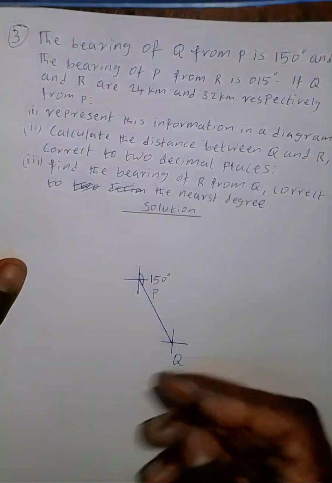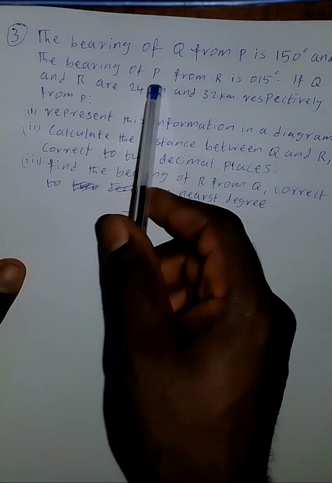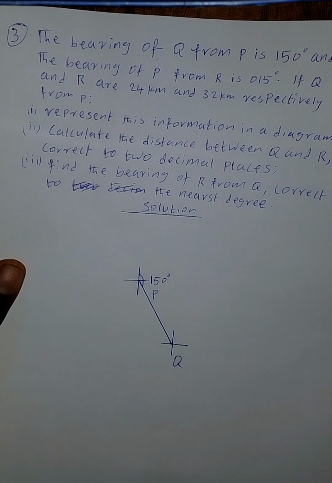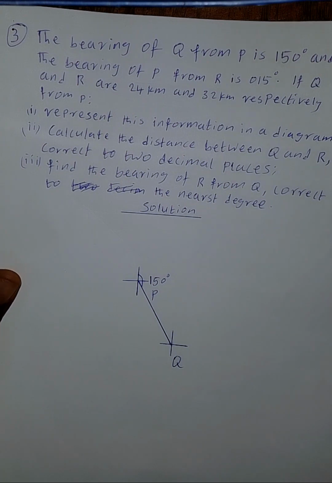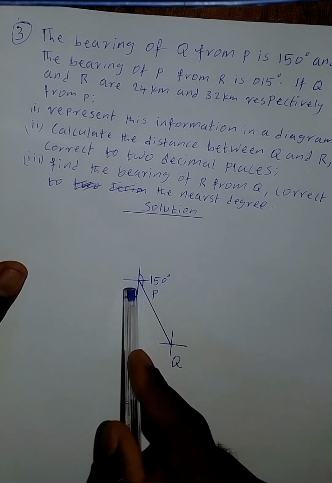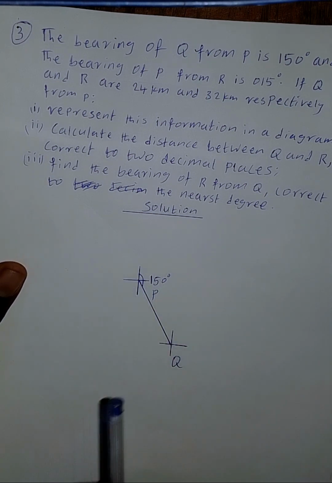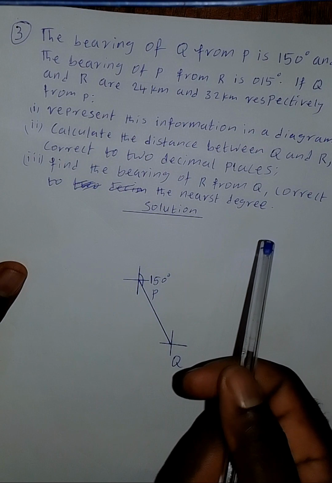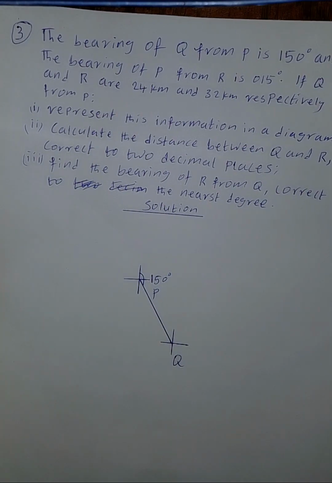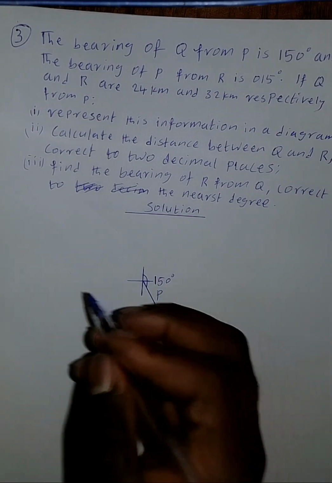Okay, I've written it. The bearing of P from R is 15 degrees. Taking another point R, the bearing would be 15 degrees. That means P from R. What would you think it will be? Let me solve it here.